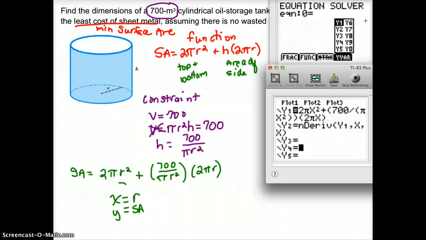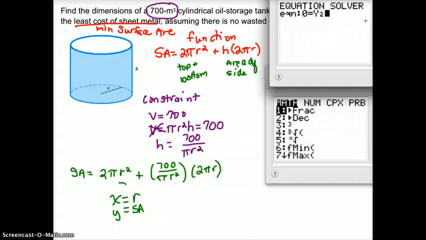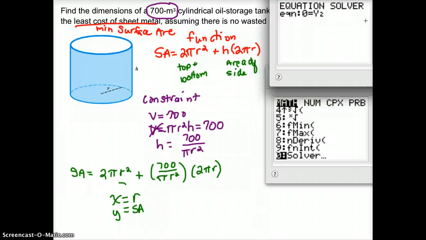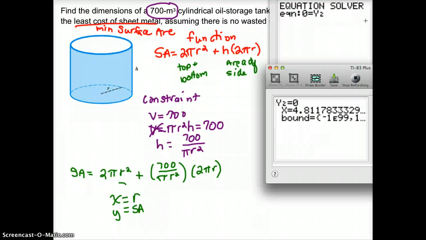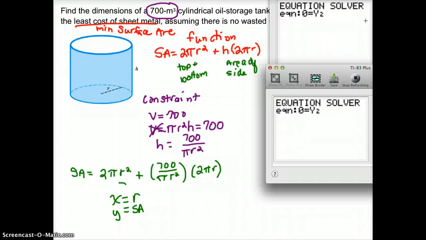So I just want to know where y2 is equal to 0. Same thing over here on my 83, I just hit the math button over to the solver. Again, we're looking where the derivative is equal to 0, and actually that's what I already have, in case you forget to get the y2 on your screen there.